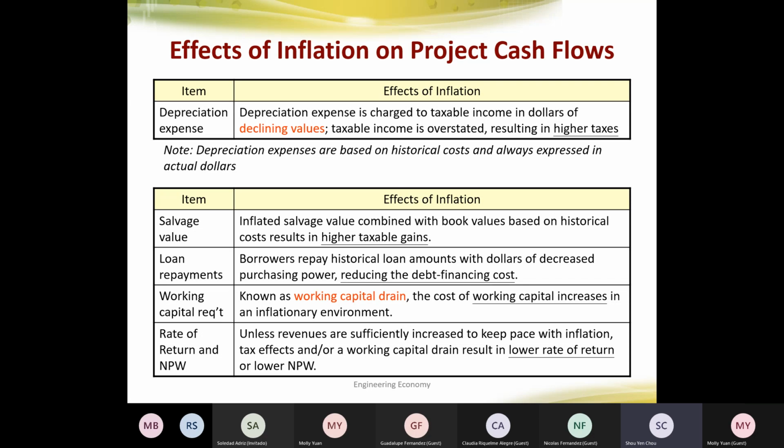So we need to convert them into the value representing the same purchasing power. If we want to convert the money to equivalent worth, then we need to consider their interest rate, that is, considering their purchasing power.